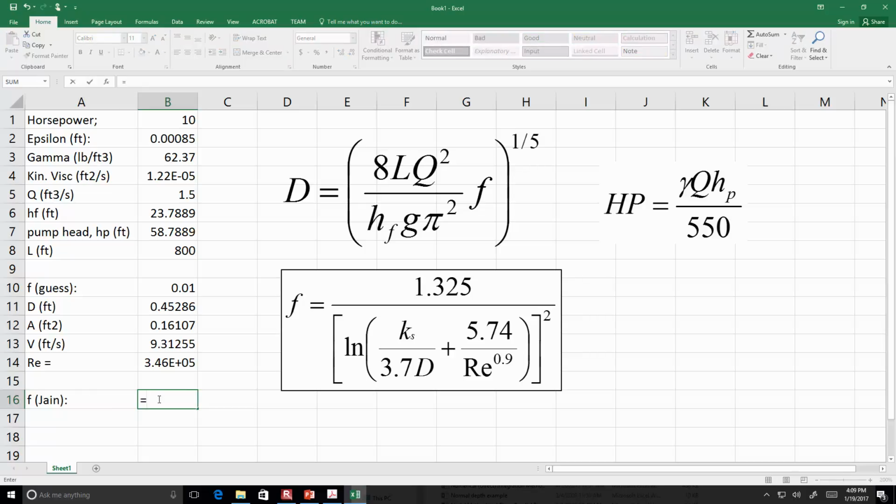So now I'm going to type in the Jane equation, 1.325 divided by the logarithm of k sub s over d. So k sub s is the same thing as epsilon. K sub s divided by 3.7 divided by d plus 5.74 divided by the Reynolds number to the power of 0.9.